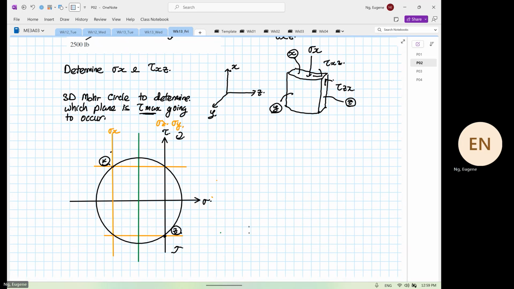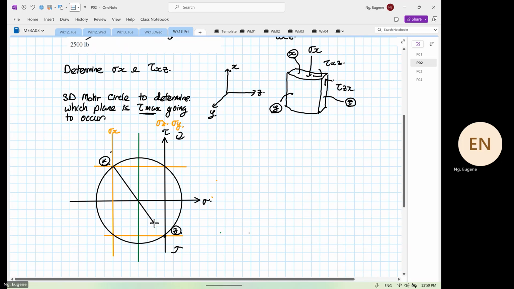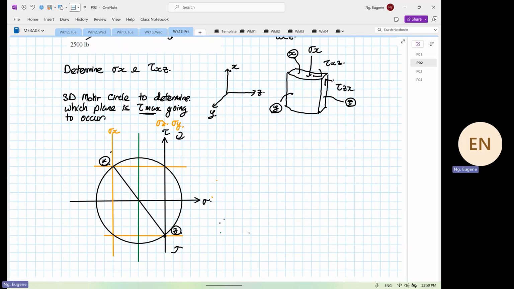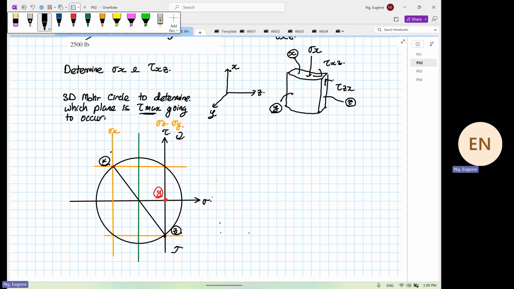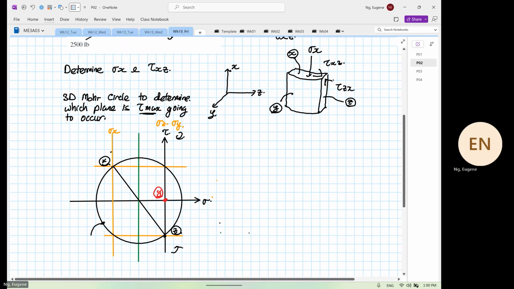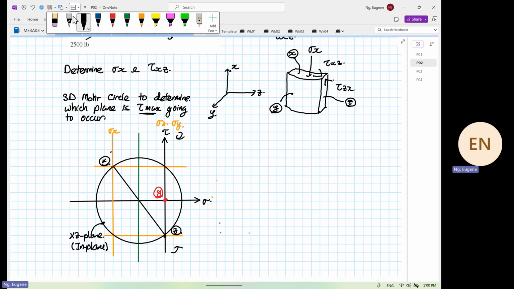Okay. And then this should look really familiar to all of you. The next point we have to find out, or we already know, is that over here, this is our point Y, right? This surface over here is our XZ plane. And our XZ plane happens to be our in plane, because it has the biggest surface area, as you already know by now.